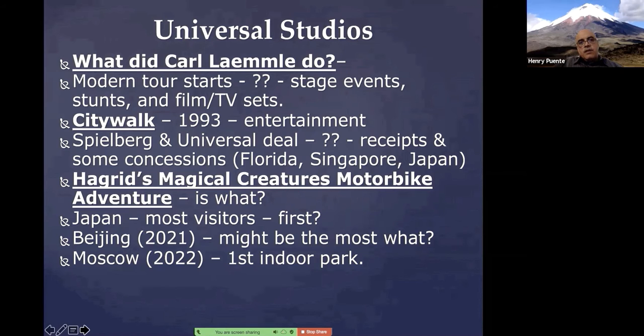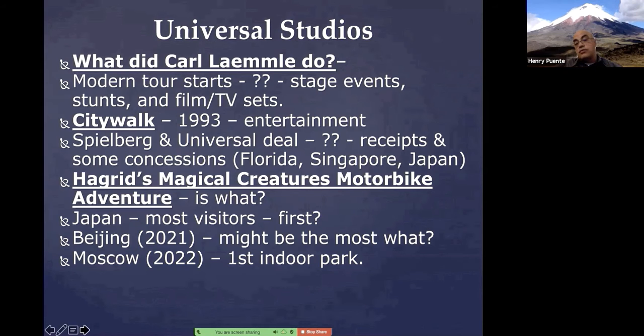Japan. So the Universal Studios in Japan has the most visitors amongst all of the Universal parks. It's also the first venture that Universal made outside of the United States. Beijing. Beijing might be the most expensive theme park ever built. I was reading the Wall Street Journal, and they estimate that Universal Studios is going to spend $6.5 billion in building the Universal Studios Beijing Park.